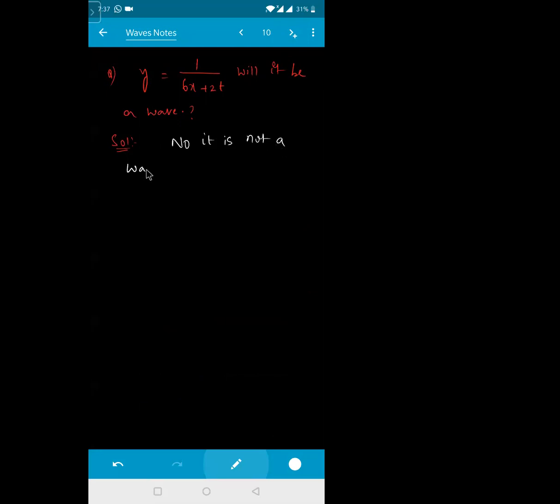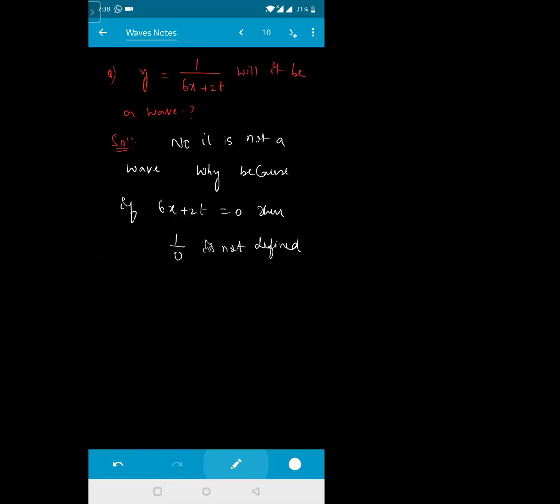Why? Because if 6x plus 2t is equal to 0, then 1 by 0 is not defined. Because 1 by 0 is how much?